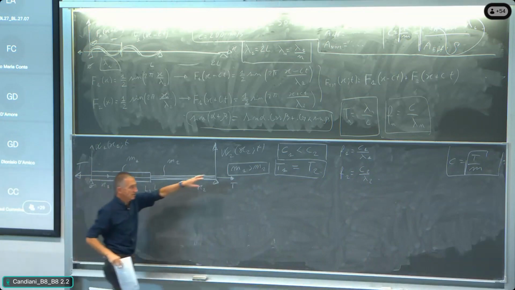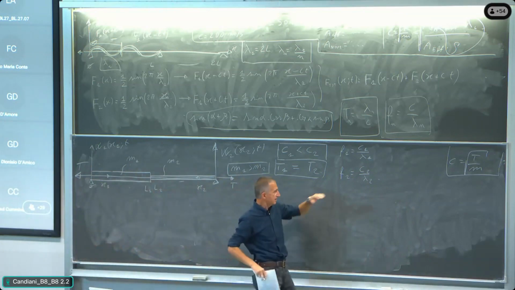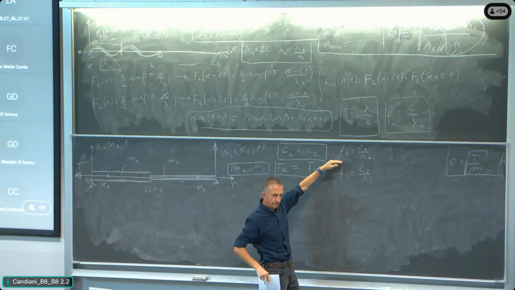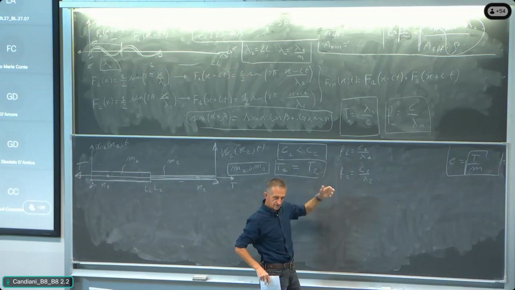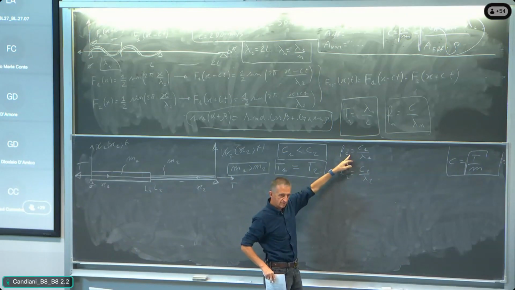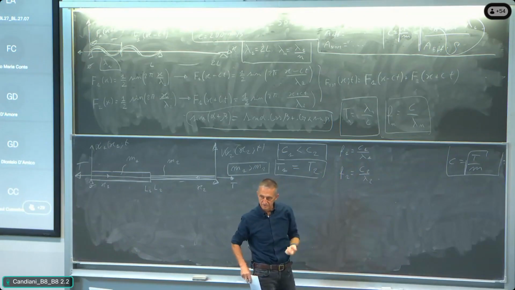So we understood from the previous example that we can say that the frequency is the propagation velocity divided by the wavelength. And so we have the first cable, that has propagation velocity C1 and wavelength lambda 1, that is unknown.